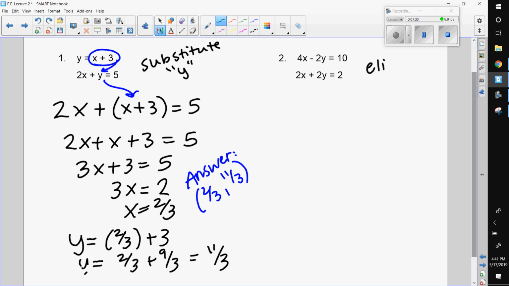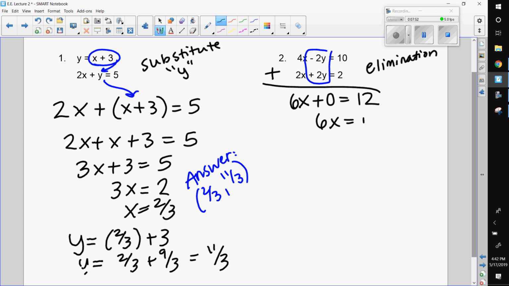This one I'm going to use elimination here, and that's because I see that I have a -2 and a +2 for y. So if I just add these together, I end up with 6x plus 0 equals 12. So I really got 6x equals 12, x equals 2. Now I still have to substitute this back in to get my y value into either equation.